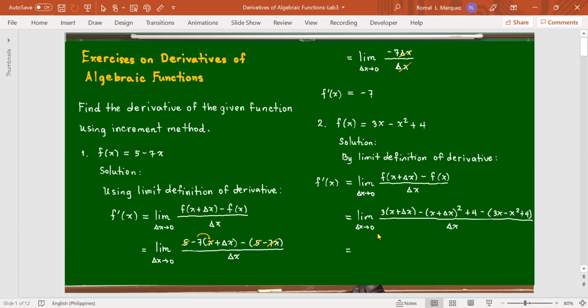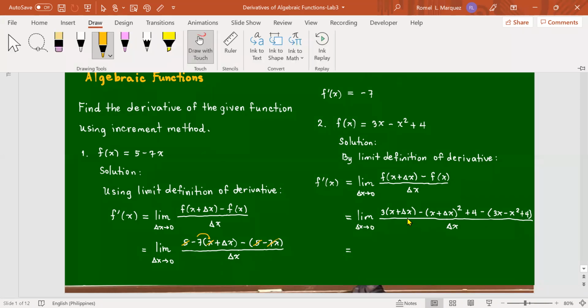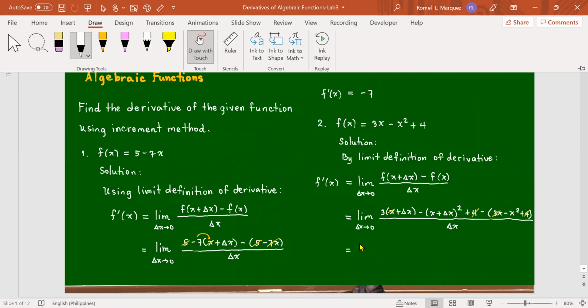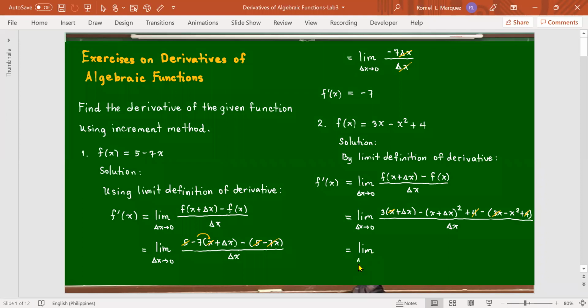The numerator can be simplified into what? So we have 3x. This 3x will be eliminated with the negative 3x here. Then this 4 is the additive inverse of this negative 4, no? So when we add, we get 0. Now the limit of the numerator, what's the expansion here?